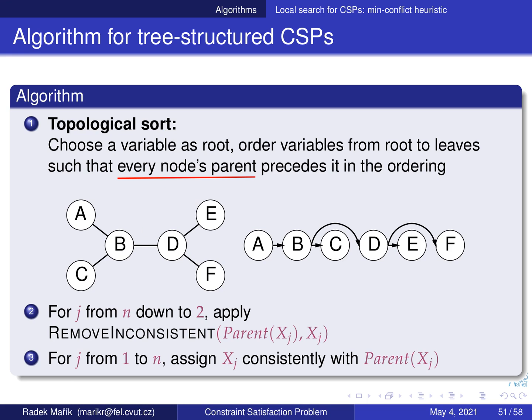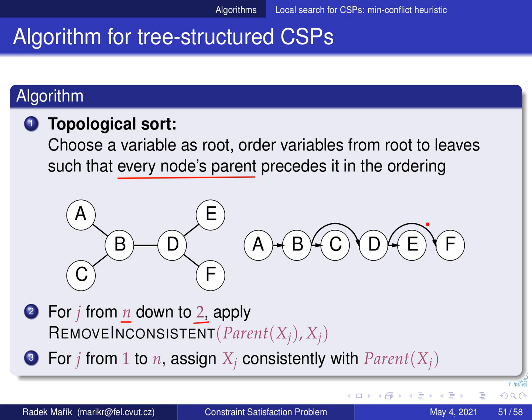Then going in the backward way in that sequence, so basically from n to 2, you apply that remove inconsistent function between the node and its parent. Basically you restrict parent values based on the given variable here.